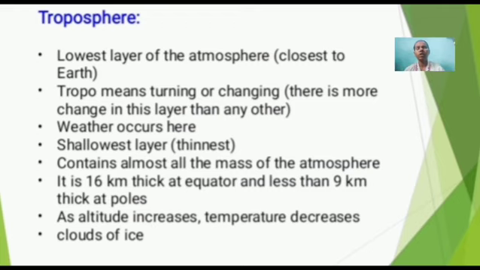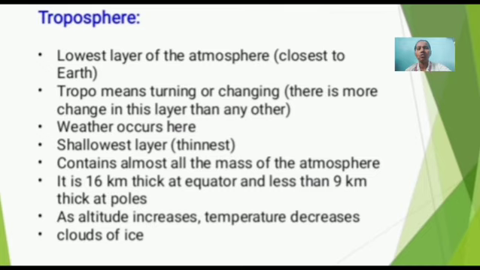Let's begin with the troposphere, which is the lowest layer of the atmosphere and the one closest to Earth. This is the layer where we live. The word tropo means turning or changing, and it is called so because more changes happen here than in any other layer. The troposphere is where all our weather occurs, including rain, storms and clouds made of ice crystals.